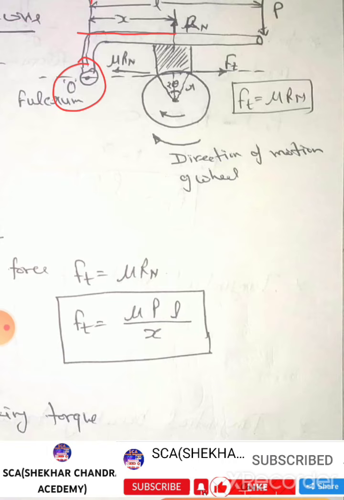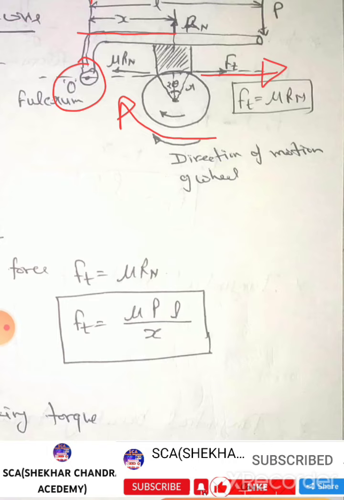In case 1, the wheel is rotated in clockwise direction. So frictional force or tangential force is in rightward direction, that means the direction of motion of wheel.